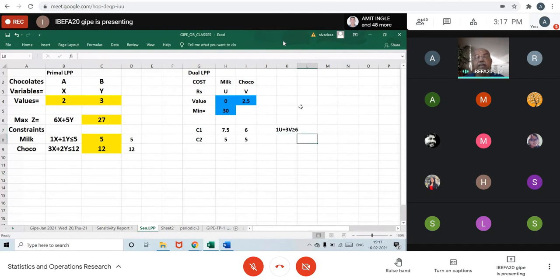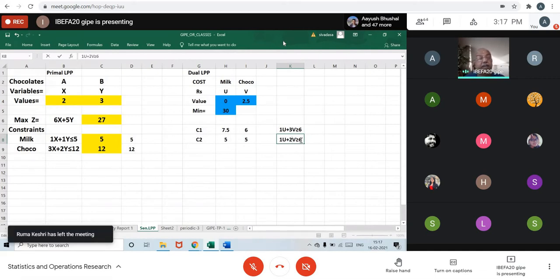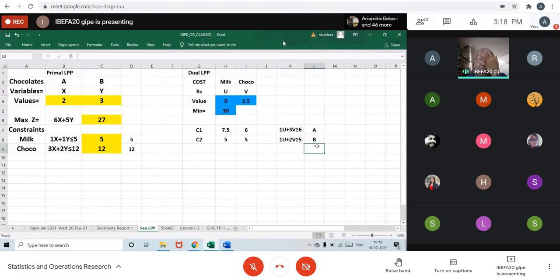That is for A biscuit. Next, 1 U plus 2 V is greater than or equal to 5. That is for B biscuit. Minimum cost required will be 6 rupees for A. Minimum cost required for B will be 5.